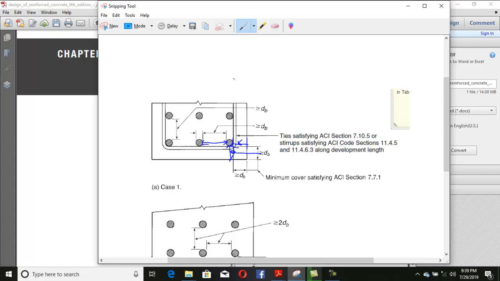For example, let me explain graphically. Let's suppose I have a beam, 3D over here.